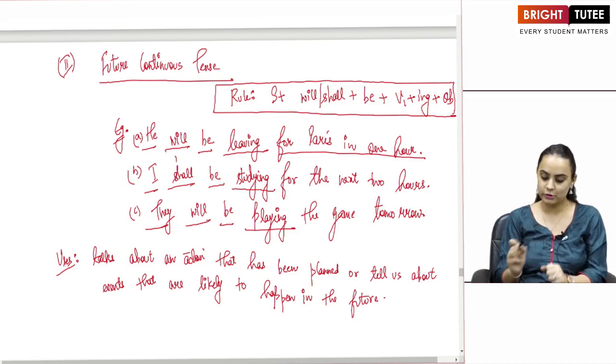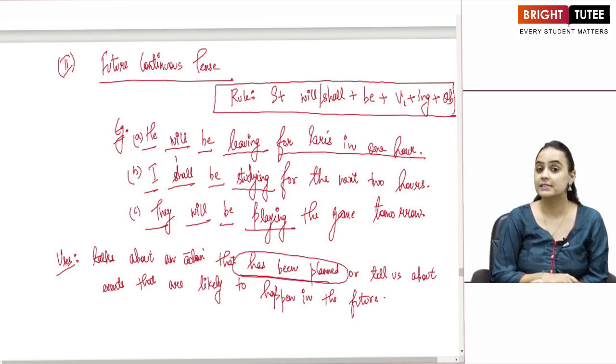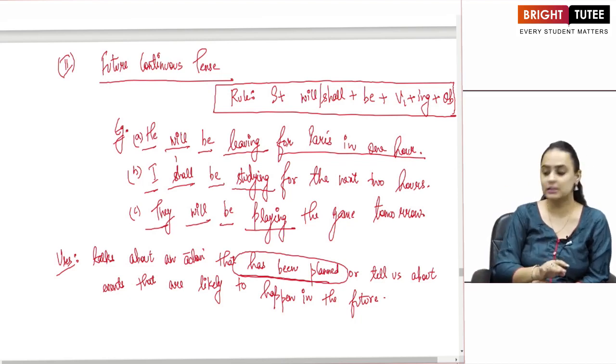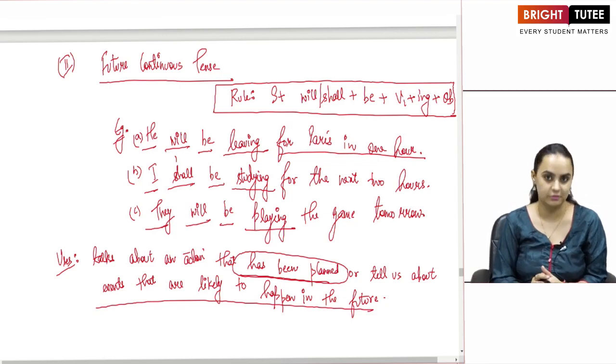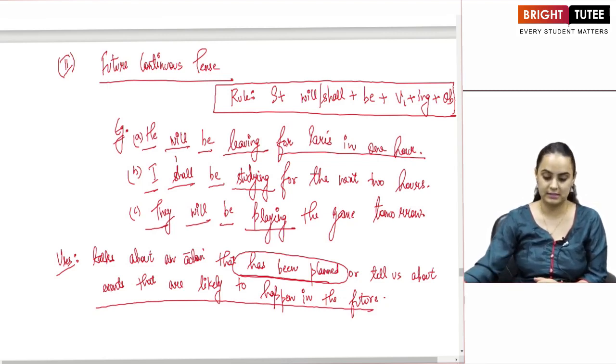So those actions that have been planned. If there's an action which has already been planned or an event that will take place in the future, we use the future continuous tense.